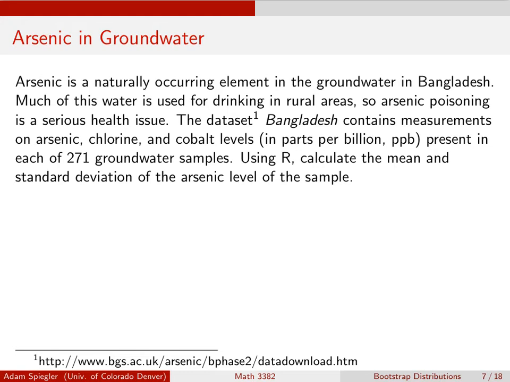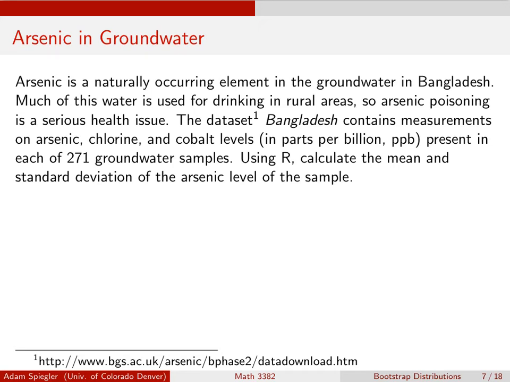Okay, so let's look at another example. Here we're going to look at arsenic levels in the groundwater in Bangladesh. There's a data set called Bangladesh, which is in the resample data library. That data set contains a random sample of 271 observations, and they recorded the levels of different chemicals in the water, one of which being arsenic.